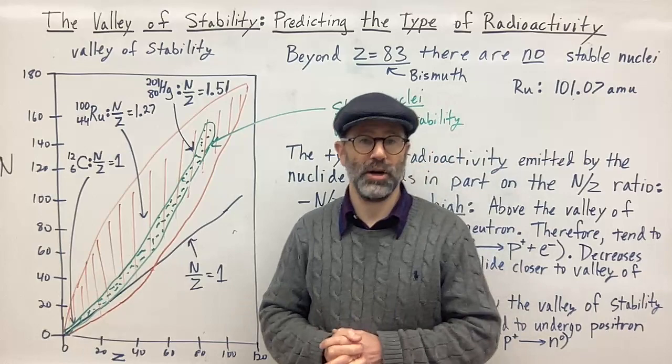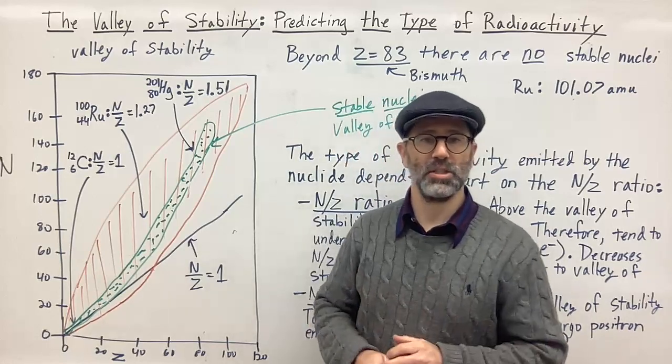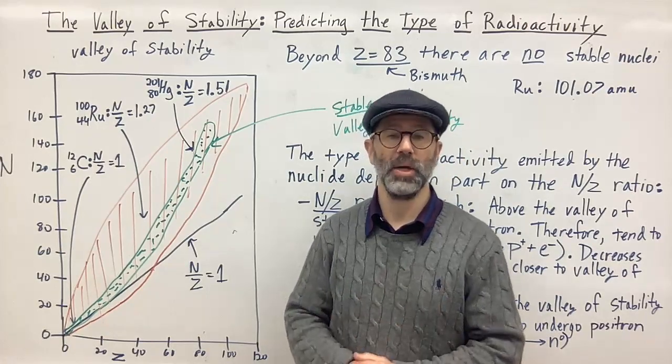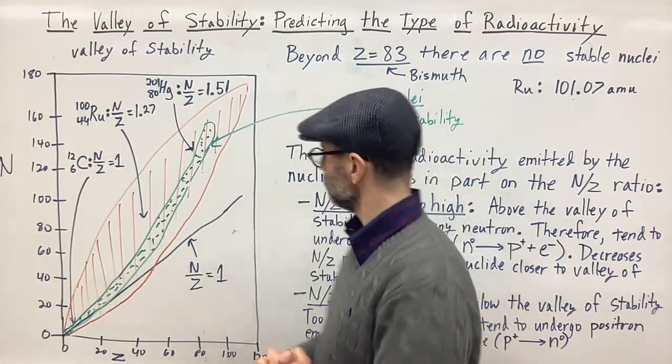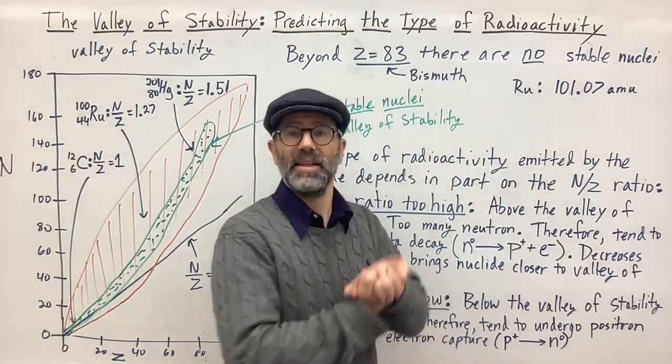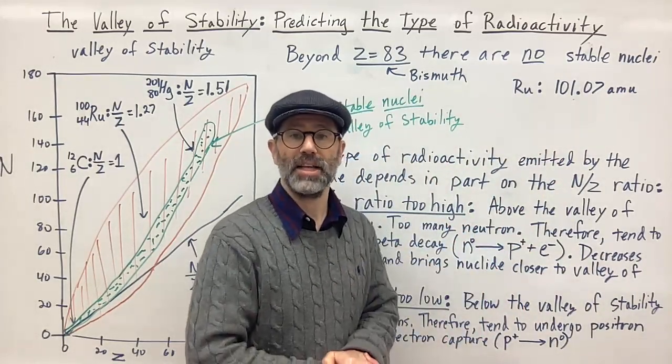Another way that you can predict the stability of your nuclide, your particular isotope, is to compare it to the average atomic mass that you find on the periodic table.